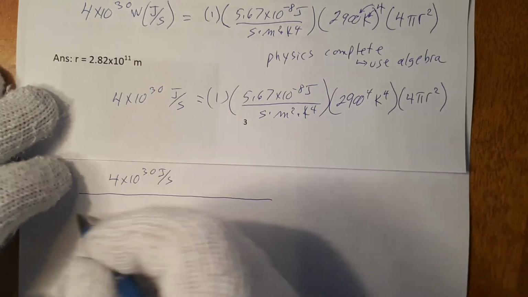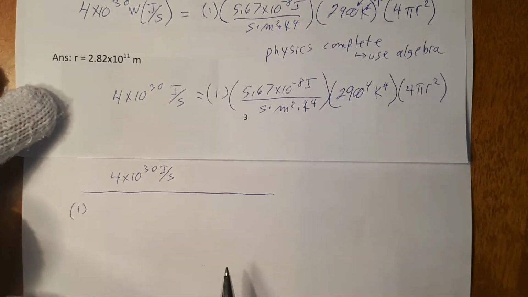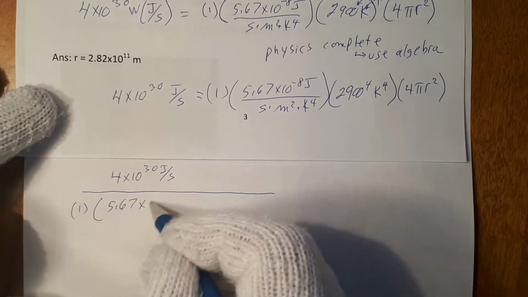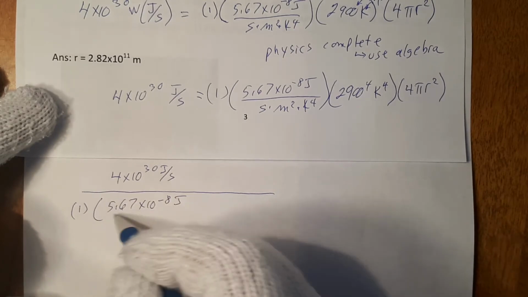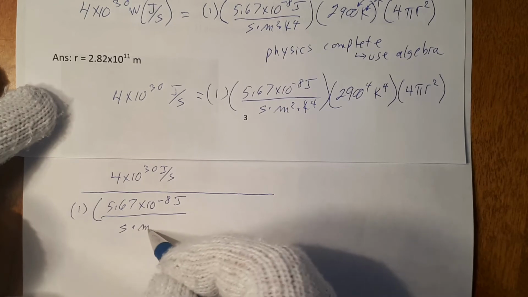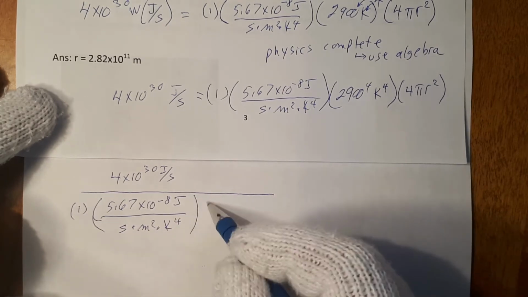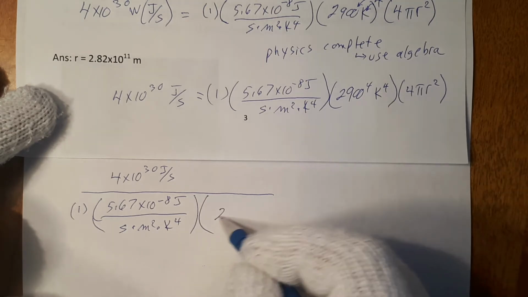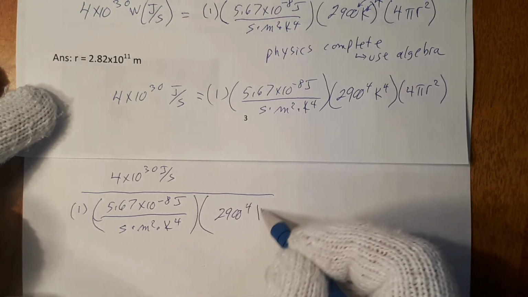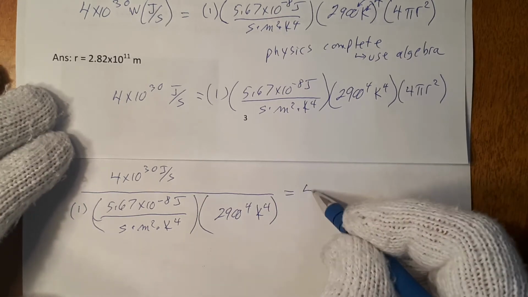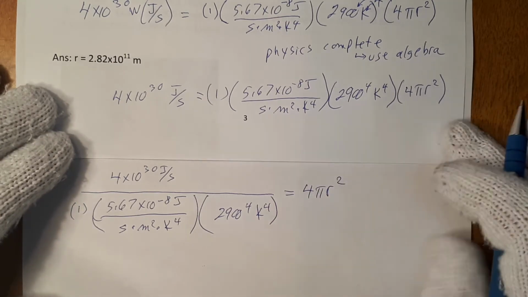Everything divided by 1, divided by the constant, and divided by the temperature. And that's all equal to 4 pi r squared.